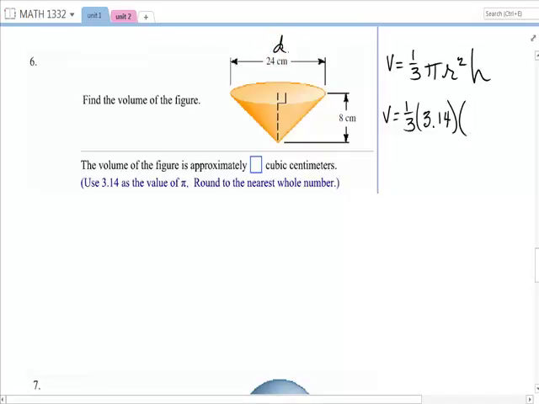This is the diameter all the way across the circle. So the radius is 12 centimeters. Make yourself a note, even if it's a mental note, you gotta know the radius. So it is 12 centimeters squared times the height, which is 8 centimeters.